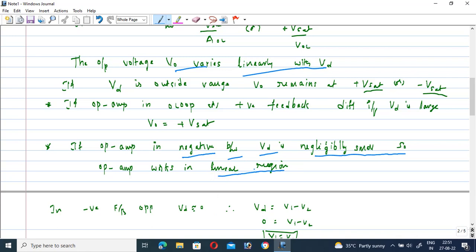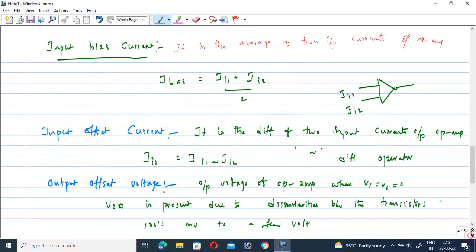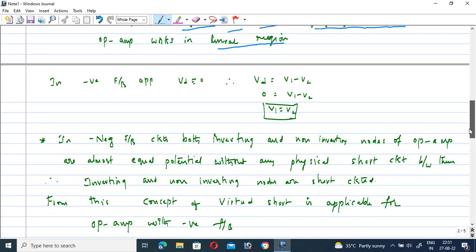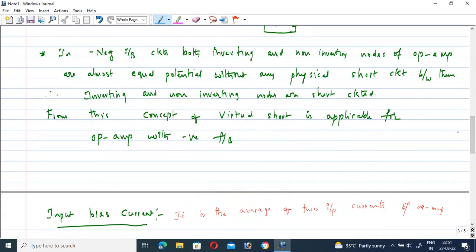Moreover, in negative feedback Vd is equal to 0. That means difference voltage 0 means both input voltages V1 and V2 are equal, in the negative feedback circuits, both inverting and non-inverting.